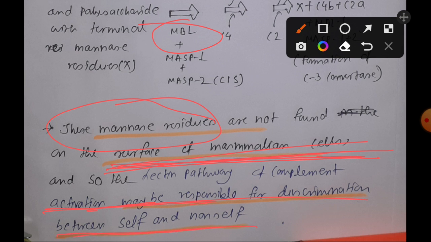Self and non-self means which protein is the body's own protein and which one is not. We will talk about self and non-self in detail when we talk about autoimmune disease. It will be a very important concept.